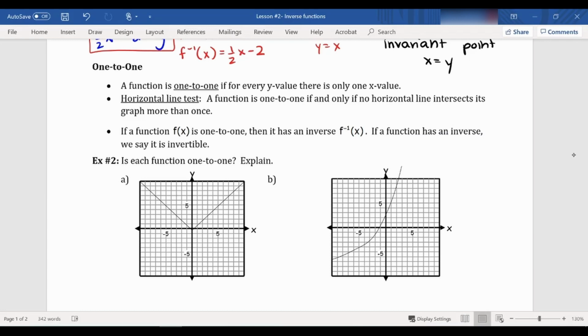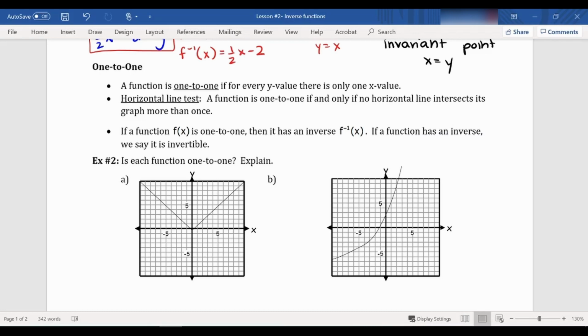And that's because if you were to reflect that graph across y equals x, when you get the inverse graph, the horizontal line test becomes a vertical line test. And so you'd be going from looking for every y value has one x value to every x value has one y value. So everywhere we see the word y value and x value, those switch for our inverses.